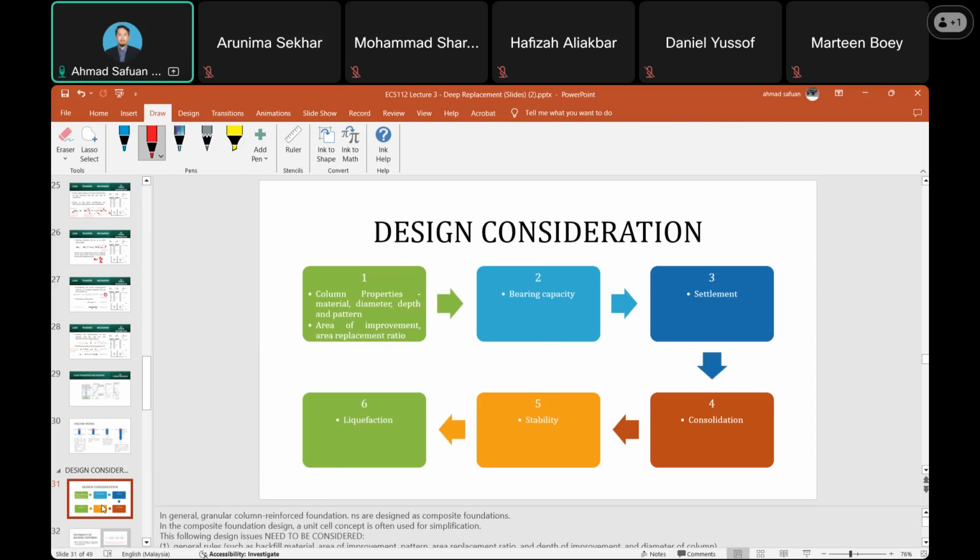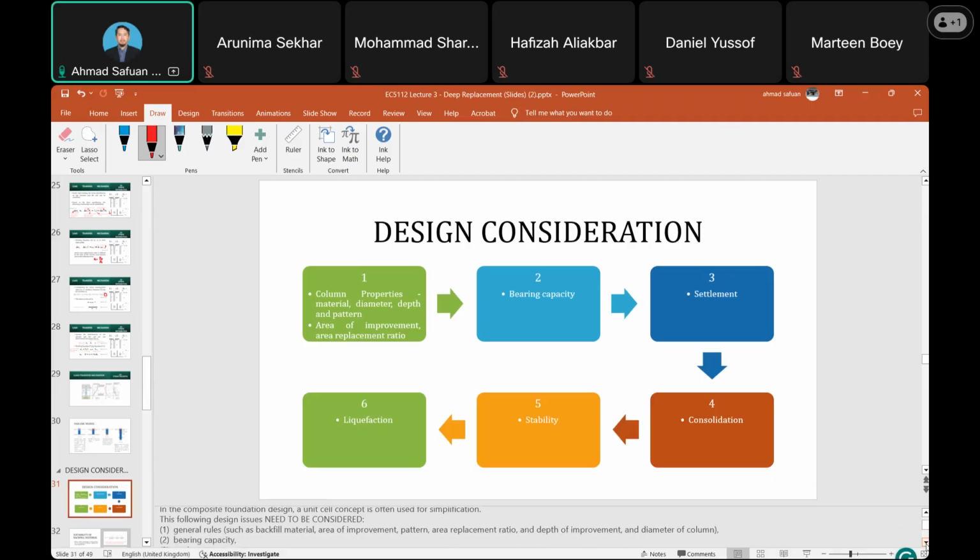For the slope design, we consider the stability. Then when it involves an earthquake event, we account for the liquefaction.